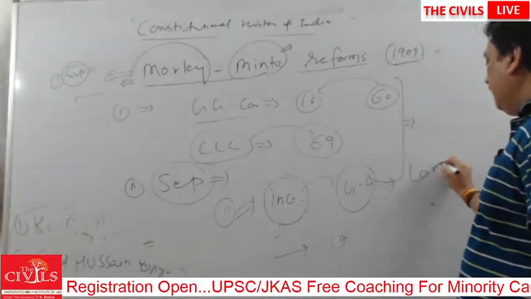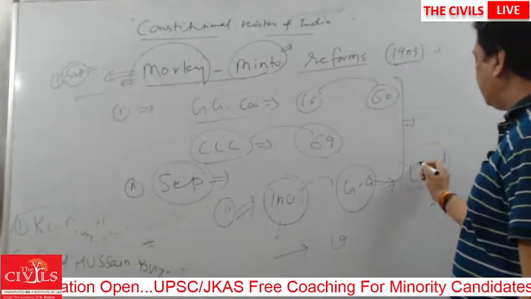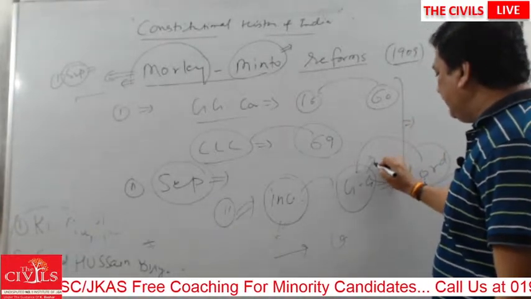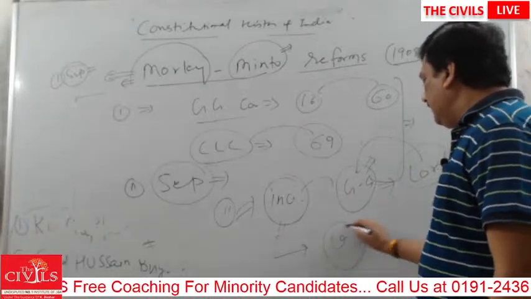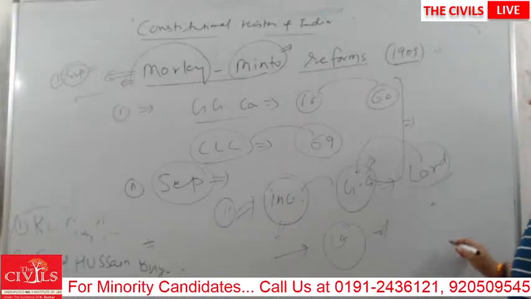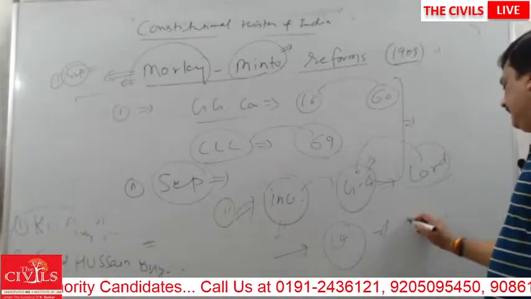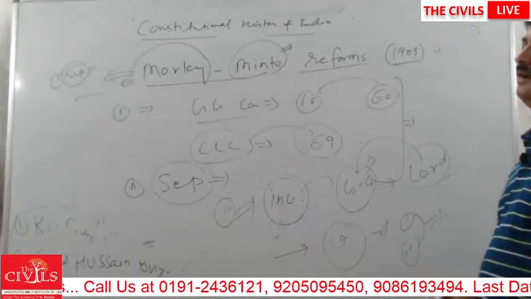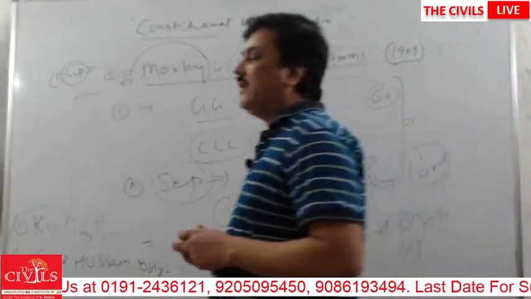Lord Sinha was the first Indian nominated for the Governor General in Council, and K.G. Gupta and Sir Syed Hussain Bilgrami were the first two Indians nominated for the Council of Secretary of State for India.